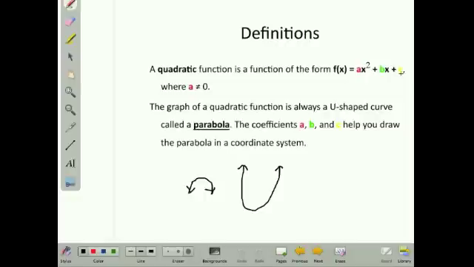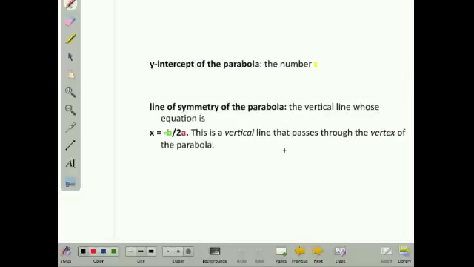So whatever this letter is, it's going to tell us where it crosses the y-axis. The line of symmetry is a vertical line, a line that runs up and down, and it splits the graph into two sides. And finally, the vertex is either the highest point or the lowest point on the parabola.